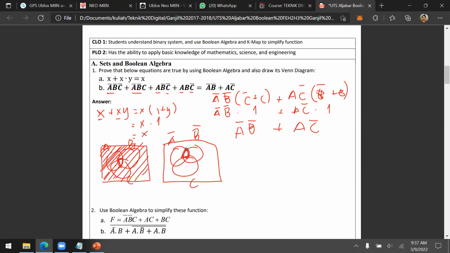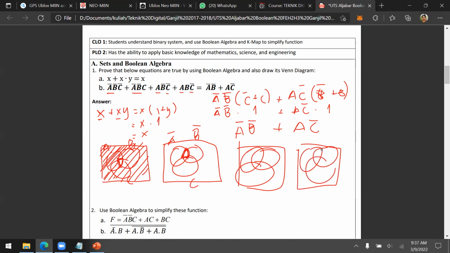Then A, B naught, C naught. Okay, you can just do it by yourself, just by using 4 Venn diagrams, and then you need to union all of these 4 Venn diagrams and prove that the result is the same as A naught B naught and A C naught. So we have 2 in here: A naught B naught and A C naught.